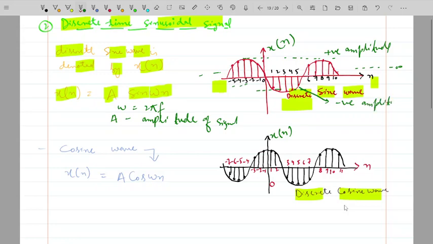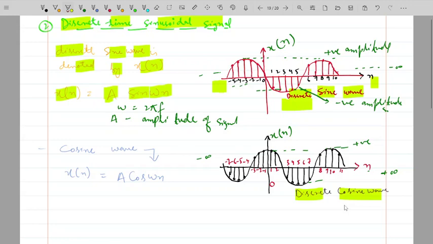Similarly the cosine wave also has positive and negative amplitude, and the discrete samples take positive and negative values from minus infinity to plus infinity, with different discrete values for different samples.